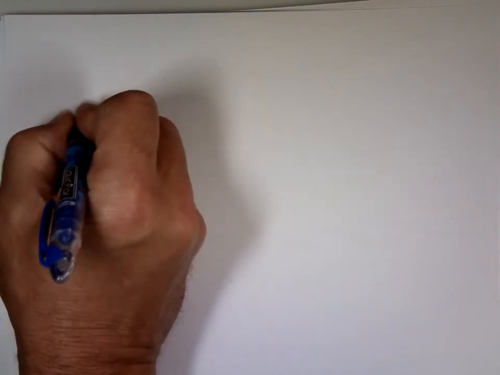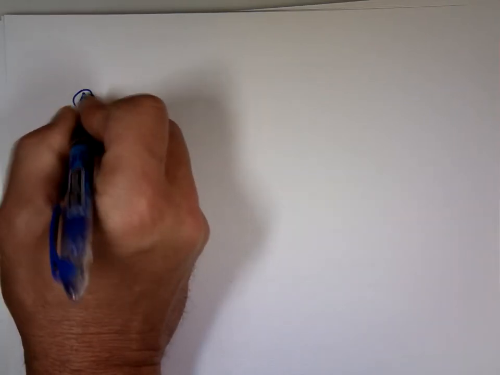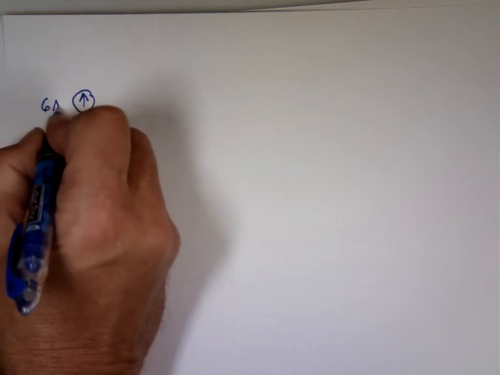I didn't want it to be simple. So make sure you have a lot of space for this to draw. 6 amps. So we're trying to put everything that we learned so far together.